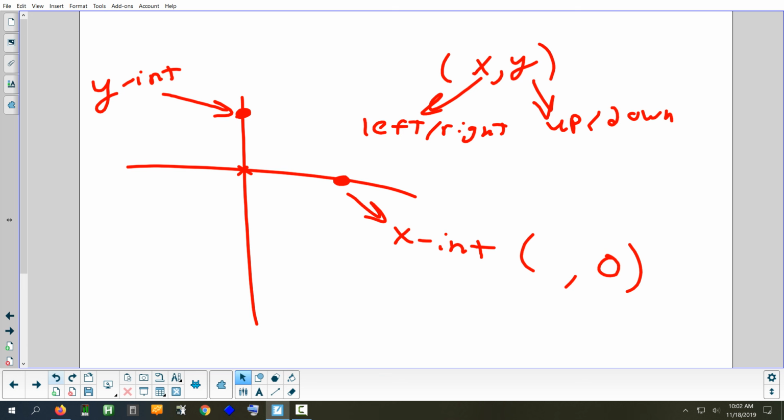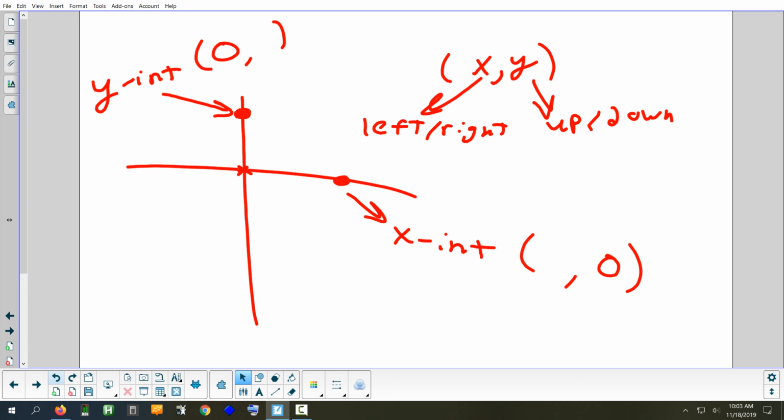Now let's look at this one. Look at the y-intercept. How far left and right do you go to get to the y-intercept? None.